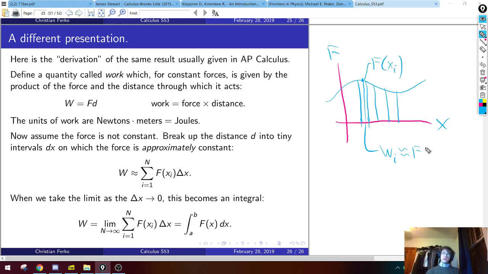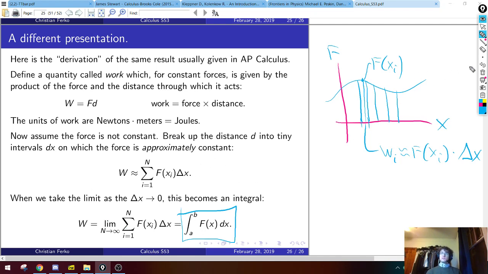They're going to tell you the work is approximately the force at the xi times the distance delta x, and then they're going to tell you now take the limit as the delta x's get very small, or equivalently as the number of intervals goes to infinity. And we showed a long time ago that this Riemann integral with a limit as the partition gets very small is the same as the definition of the Darboux integral. So it becomes an integral from a to b of f of x dx.